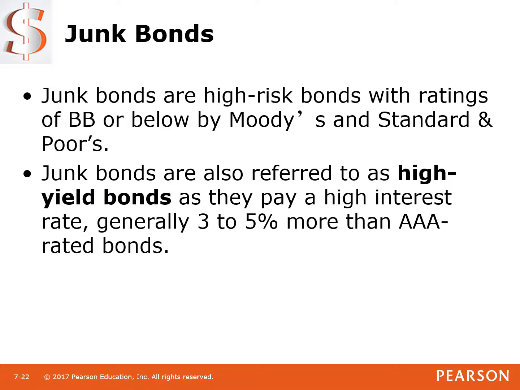Junk bonds. These are high-risk bonds with ratings of BB or below by Moody's and Standard & Poor's. They're often referred to as high-yield bonds, and they pay a high interest rate, usually 3 to 5% more than the AAA rated bonds. And whether you like them or not, Donald Trump was famous for these in the 80s.